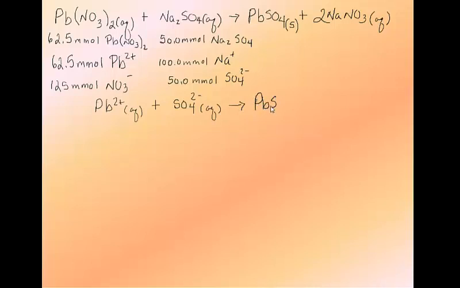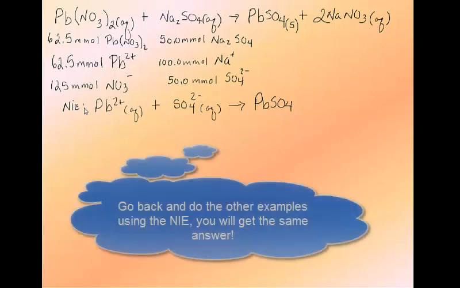So when I do the stoichiometry, while I understand that I'm doing it in compounds, it's going to be the same coefficients. So I'm actually going to use the net ionic equation here to do this limiting excess problem, but I'd get the same answer if I used the molecular.